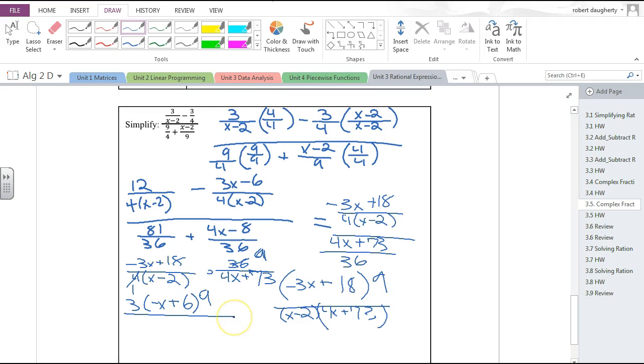All of that over x minus 2, 4x plus 73. And then, what's the final answer? You've got that 3 and the 9. You can multiply those together, right? So 27.